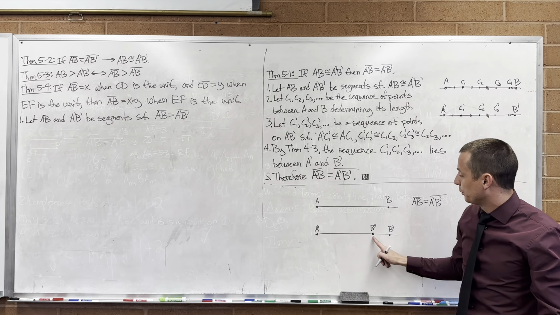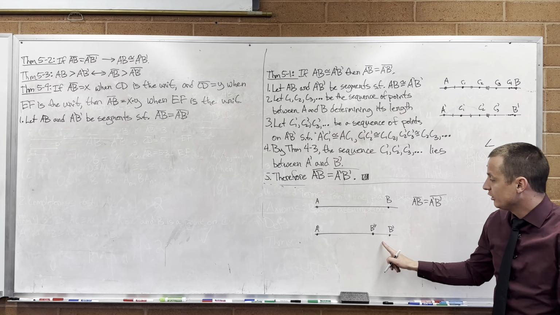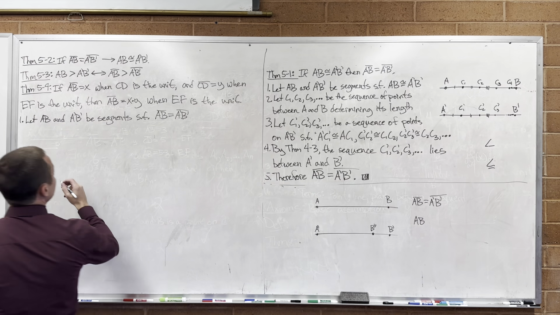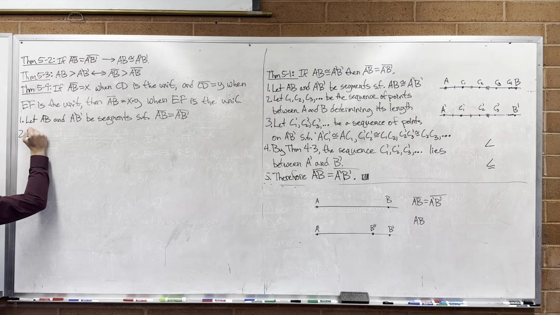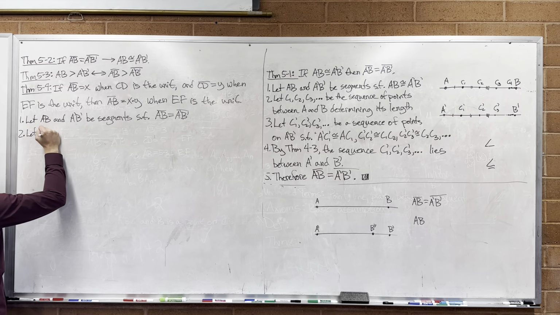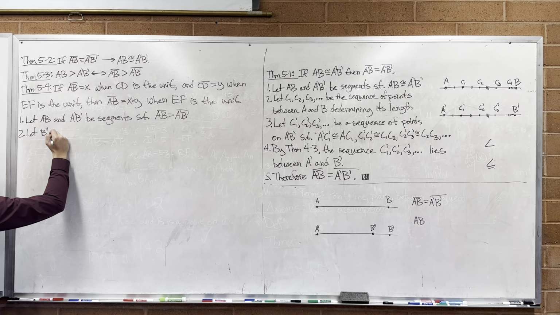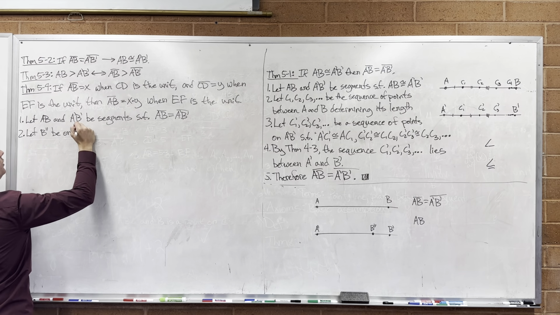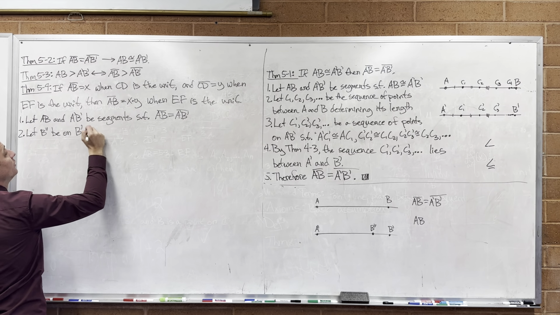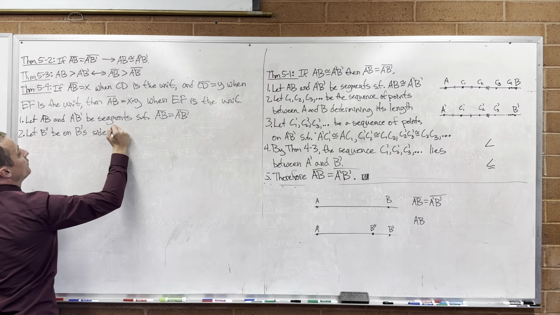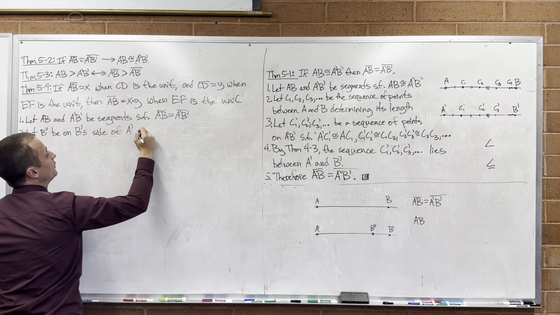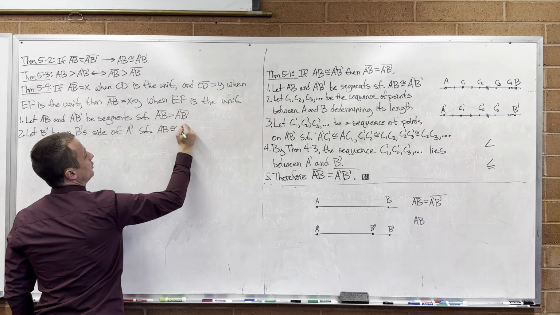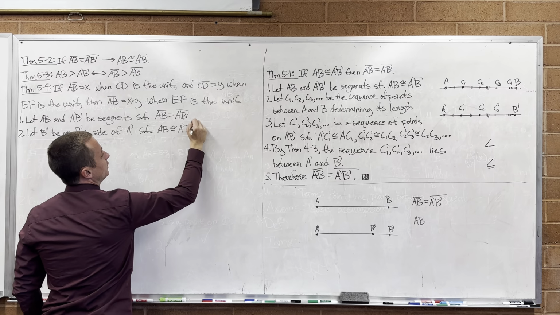So I say, step 2: let B double prime be on B prime's side of A prime such that AB is congruent to A prime B double prime.